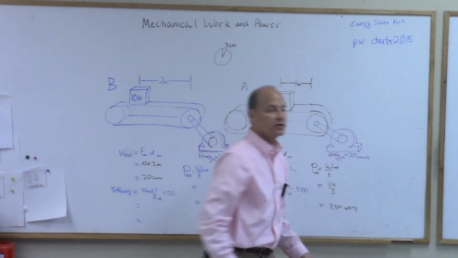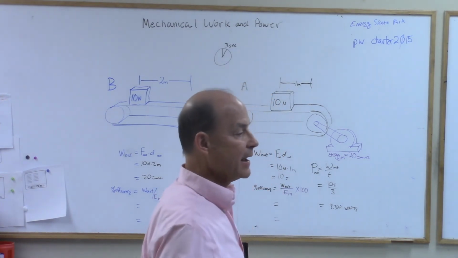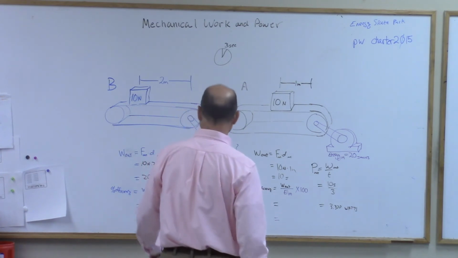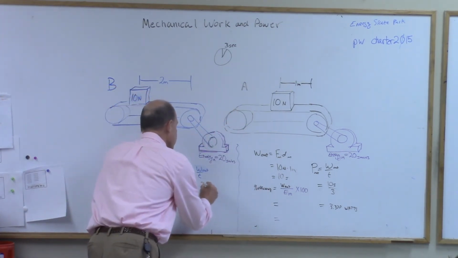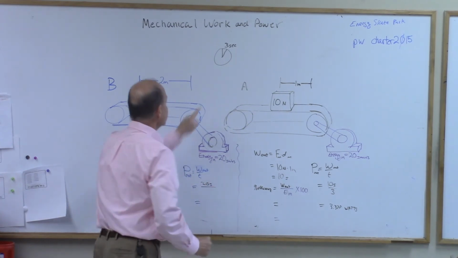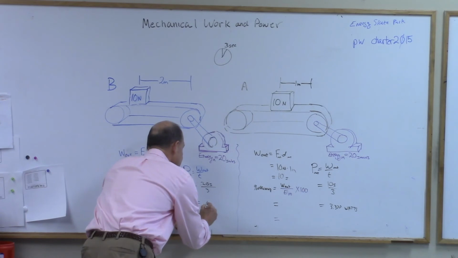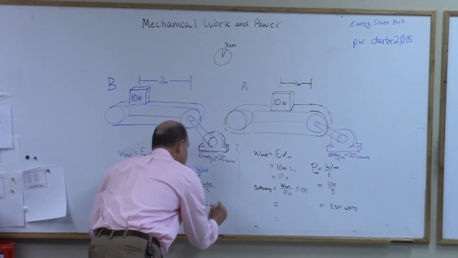Mr. Watt was a guy, so we're going to capitalize the W for watts. Over here, the power is 20 joules divided by that same amount of time, 3 seconds, and the answer to that is 6.666 watts.